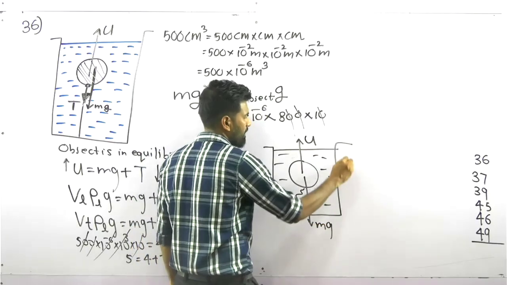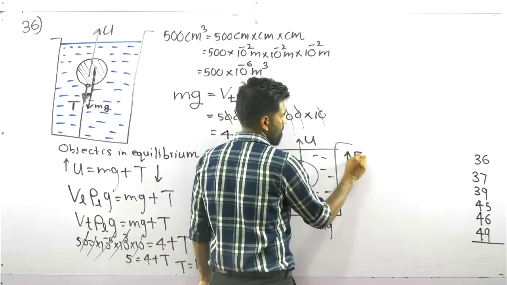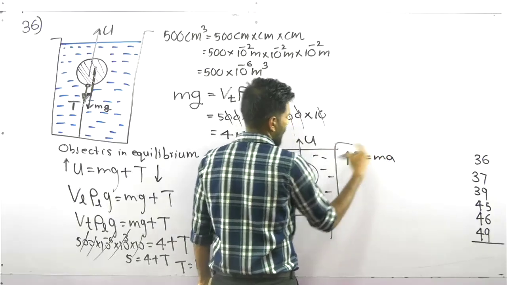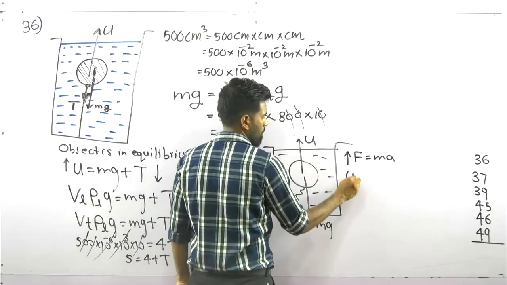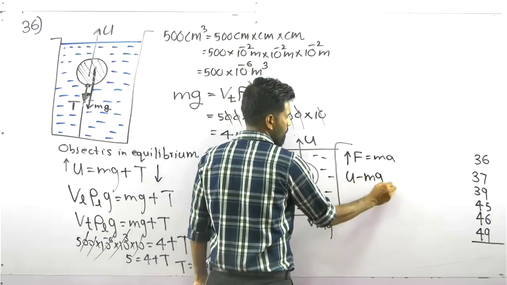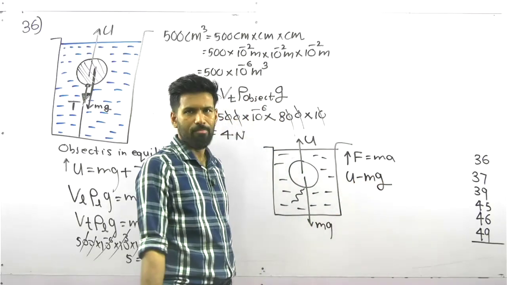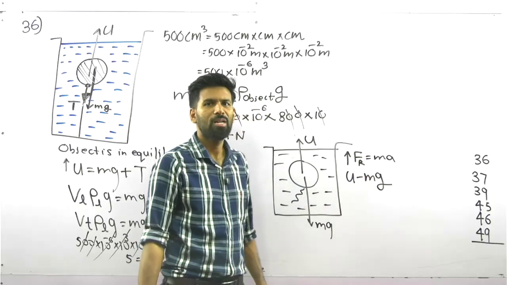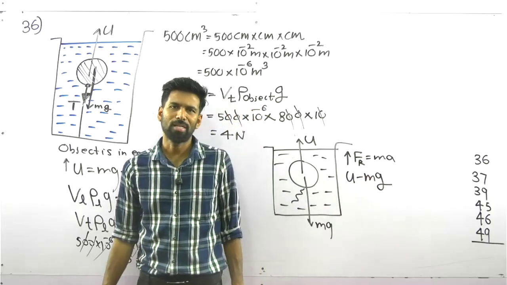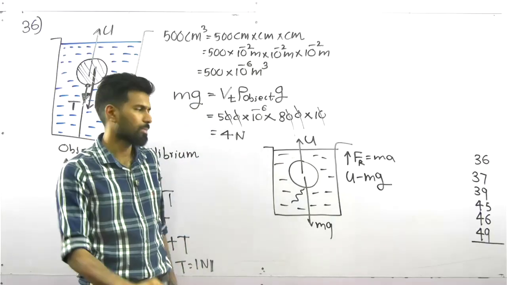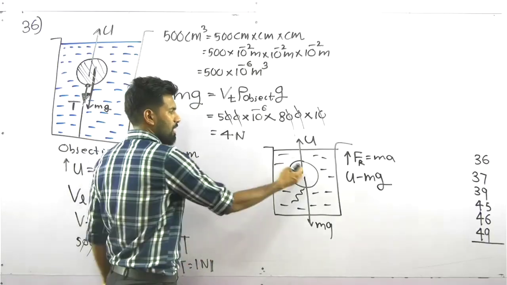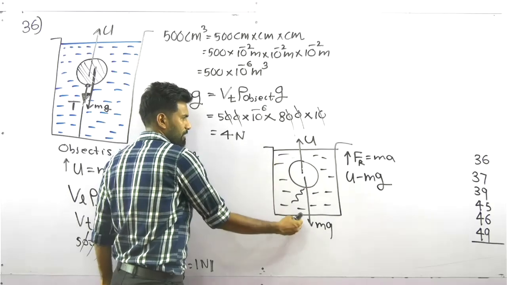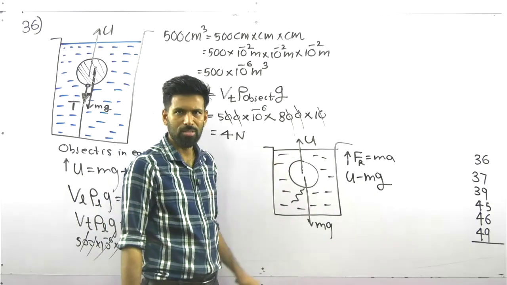So I'm applying F equals ma upward. Upthrust U minus mg, because in F equals ma, F is the resultant force. So what is the resultant force? No tension, string is cut. Upthrust minus weight is the resultant force.